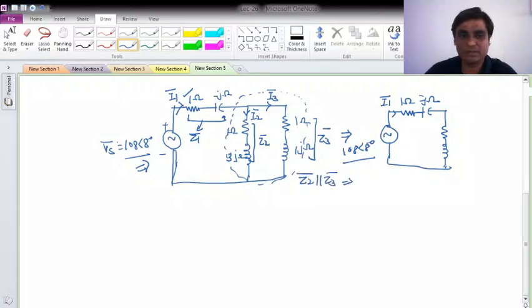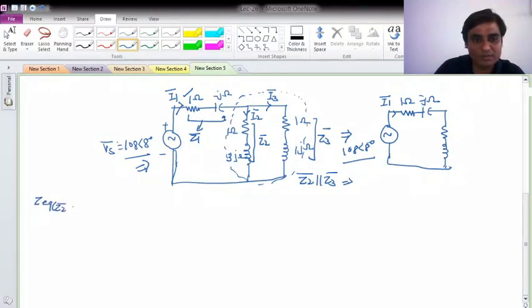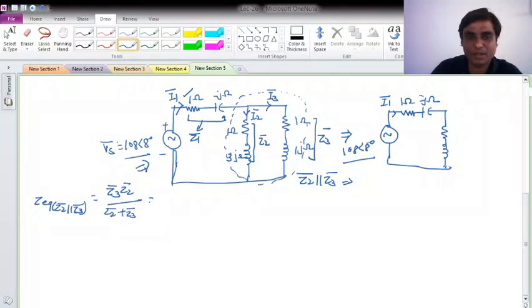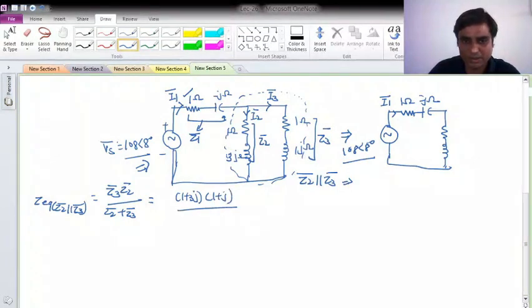So what is the Z equivalent for Z2 and Z3? That is Z2 in parallel with Z3, so it will be Z2 Z3 divided by Z2 plus Z3. Suppose Z2 is 1 plus 3j, into 1 plus j, and Z2 plus Z3 will be 2 plus 4j. If you solve, it comes out to be 3 by 5 as the real part and 4 upon 5 as the j part.